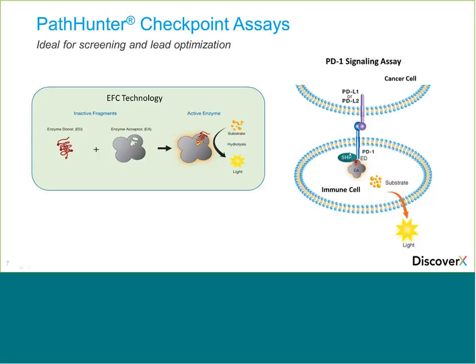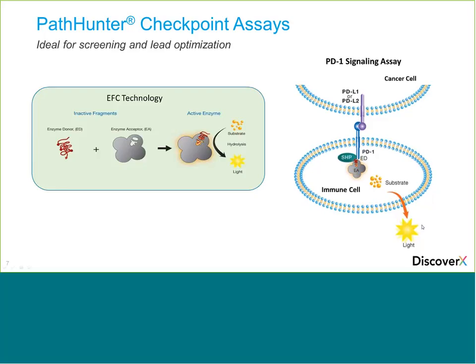What we've done here, by tagging the SHP protein with the EA tag and the PD-1 receptor with the ED tag, is enable us to identify the activation of the PD-1 receptor through this EFC system. Once PD-1 gets activated, we get the SHP recruitment, which brings EA and ED into proximity and forces them to complement, which then creates an active enzyme hydrolyzing substrate and giving us light.